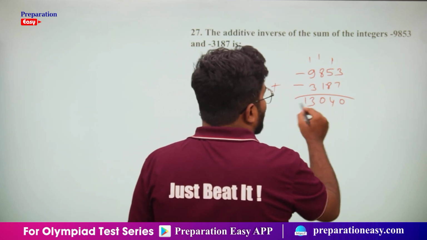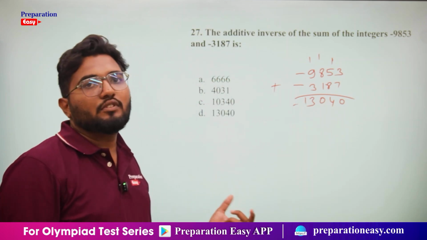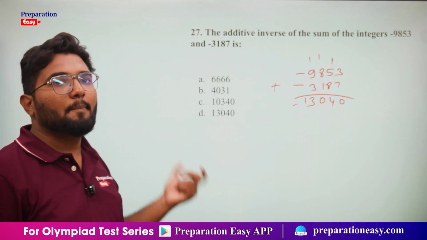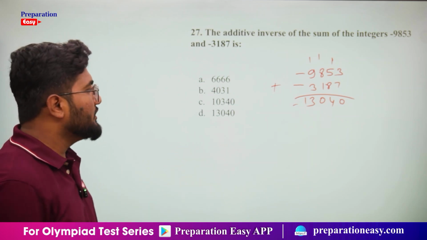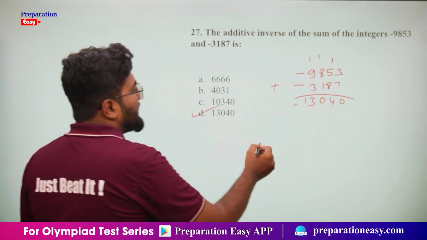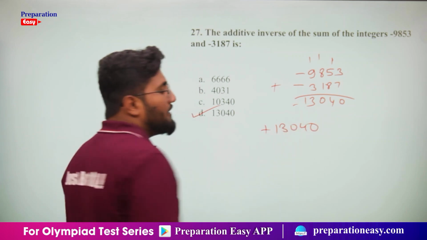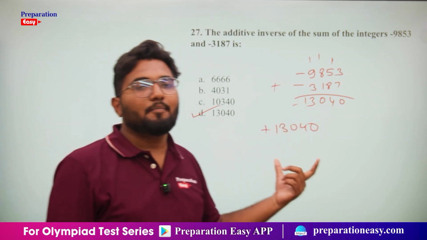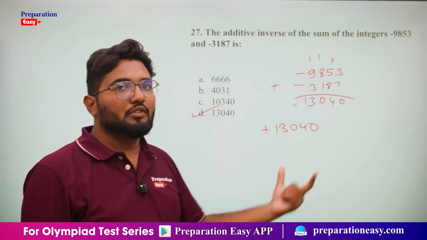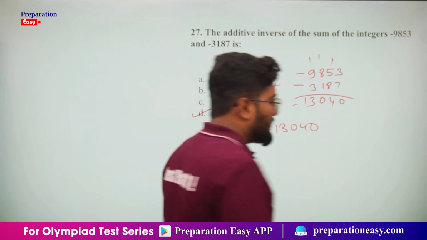So the answer would be minus 13040 and the additive inverse would be plus 13040. So the answer would be option D, that is 13,040, the additive inverse of minus 13040.